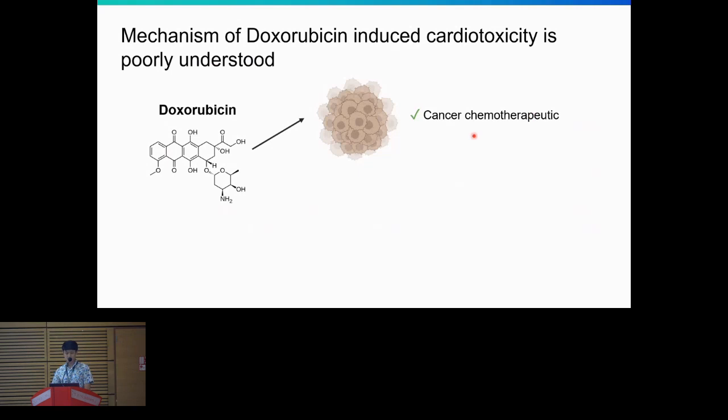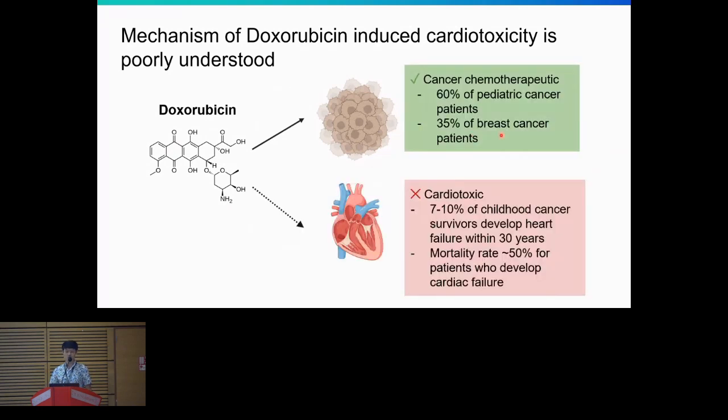And it's very important because it's actually given to 60% of pediatric cancer patients, as well as 35% of breast cancer patients. But the cardiotoxic side effects result in 7 to 10% of childhood cancer survivors developing heart failure within 30 years, and a pretty high mortality rate for patients who develop cardiac failure.